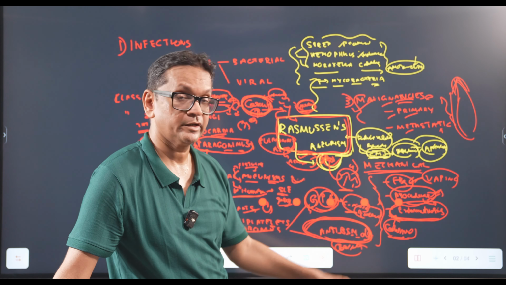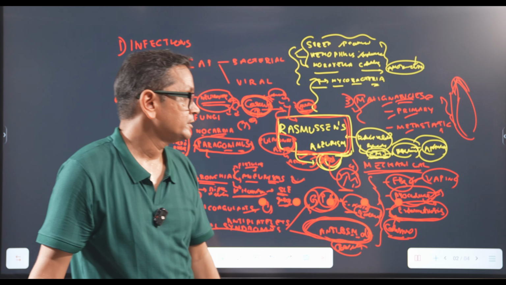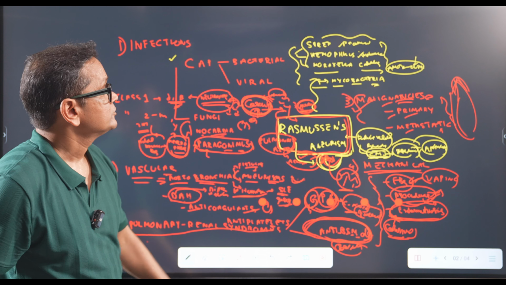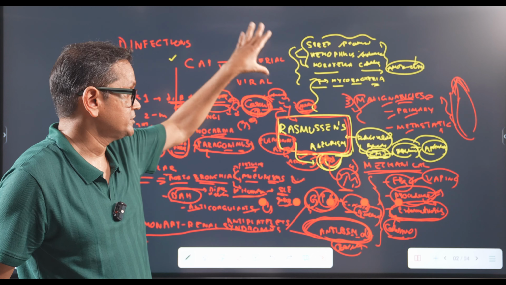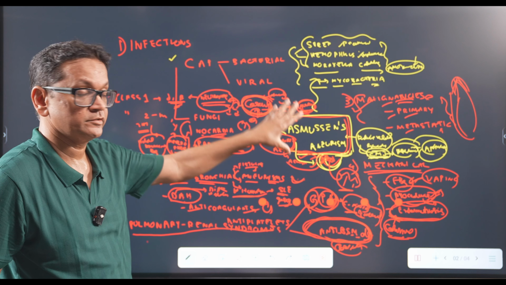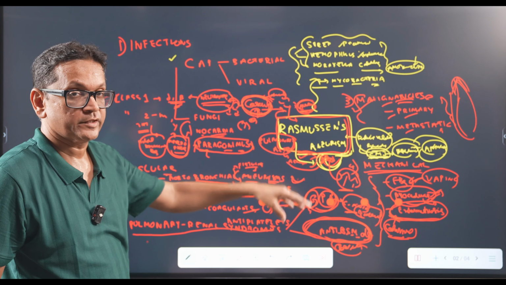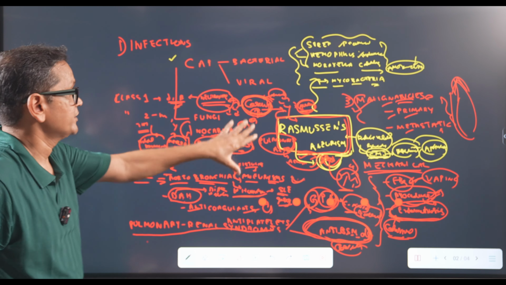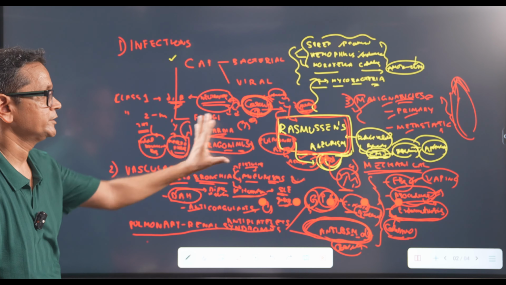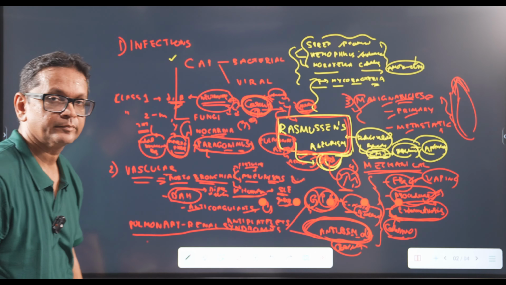Of course, this is one of the rare etiologies of hemoptysis. Got the point? So briefly, this summarizes various etiologies of hemoptysis with emphasis on infections, especially related to tuberculosis. Okay.